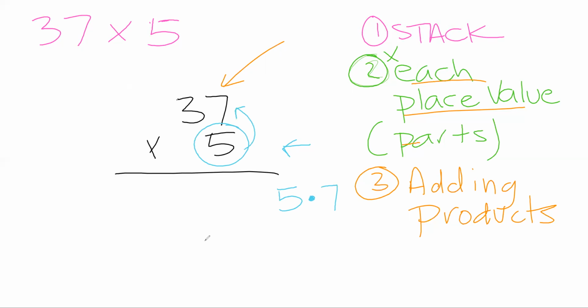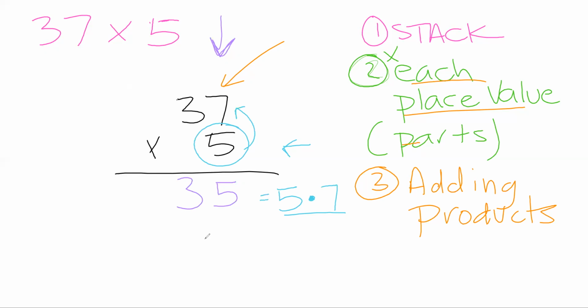So I'm just going to multiply 5 times 7. I wrote that problem here so you can see it, but I'm just going to write the product underneath the work I'm doing. So 5 times 7 is 35. Since it's 35, I have to stack it correctly. That's a 5 in the ones place, and a 3 in the tens place. Okay, so that part's done.